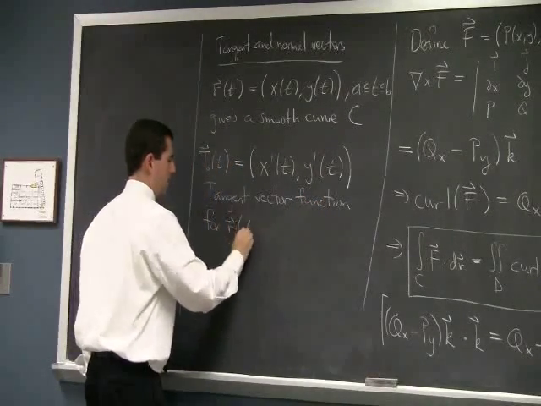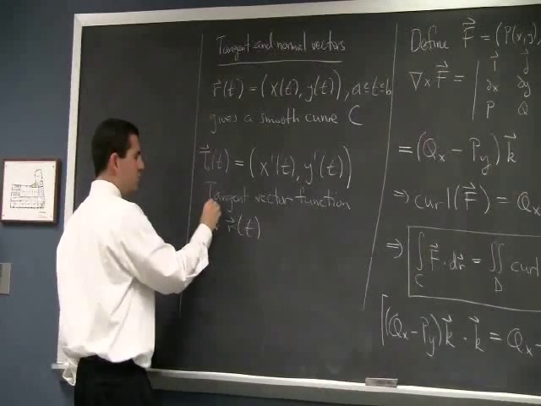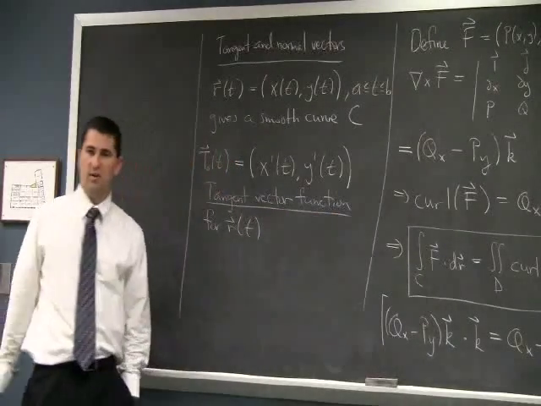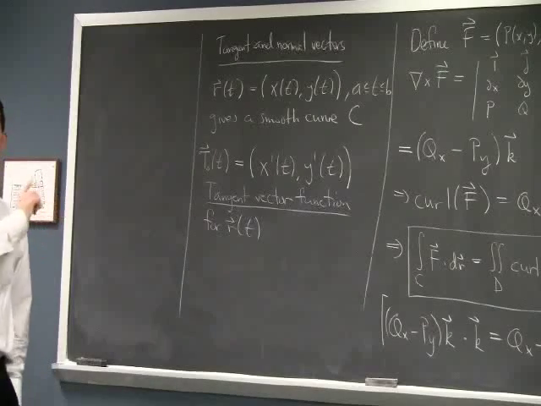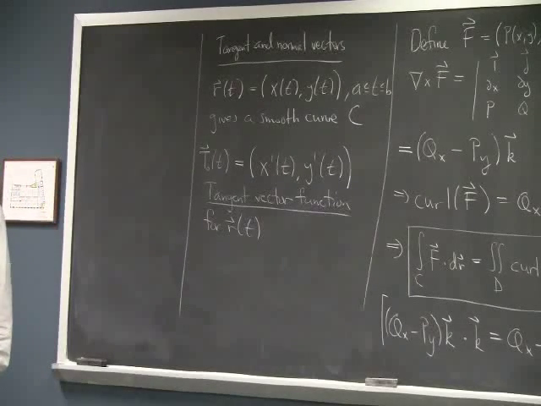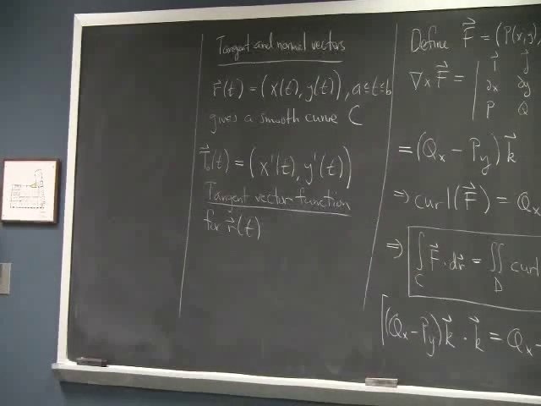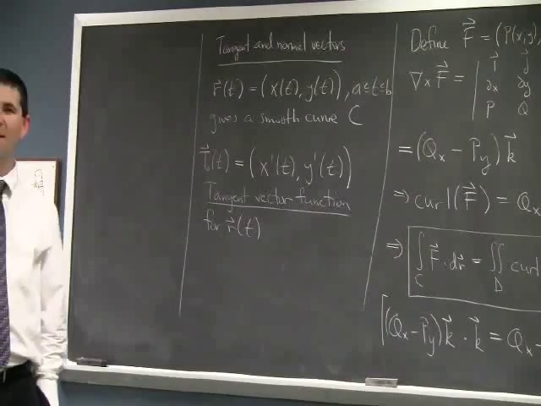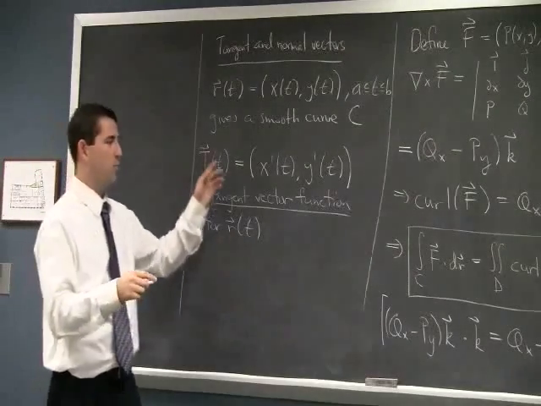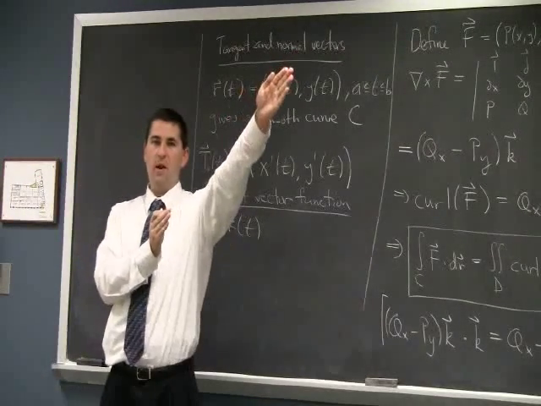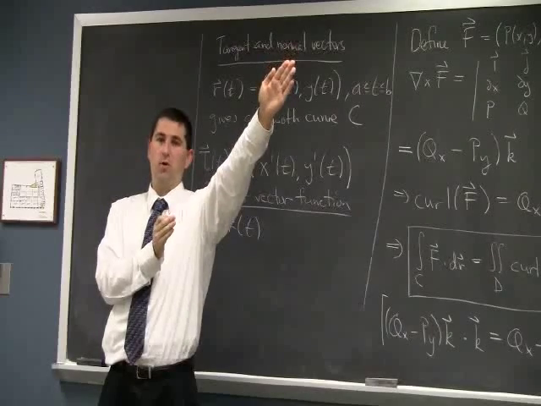The reason why I'm putting that little 0 down there is because I'm usually not going to be terribly interested in this tangent vector function, but I'm going to be more interested in the unit tangent vector function. So the unit tangent vector function is where I don't just want any old vector that's jumping away from the curve at that point, tangent to the curve.